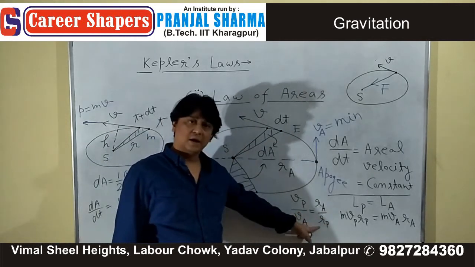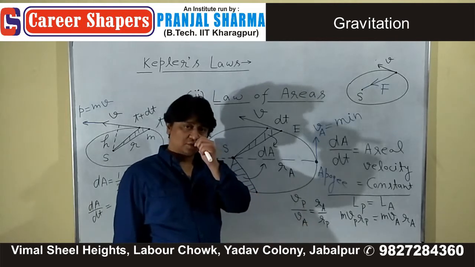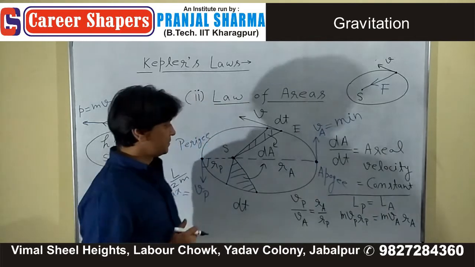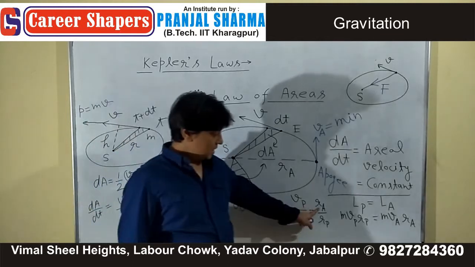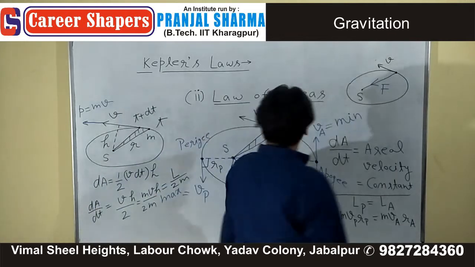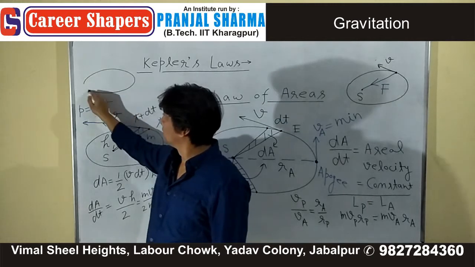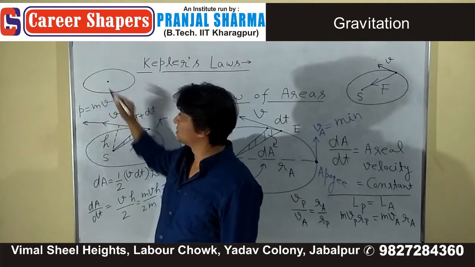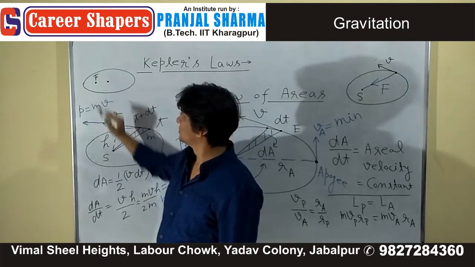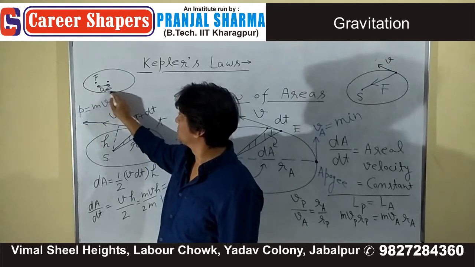RA divided by RP. Now, we can also relate RA and RP in terms of semi-major axis A and eccentricity E. Try to convert these in terms of A and E. For an ellipse, this is the origin, this is the focus, and this distance is AE.